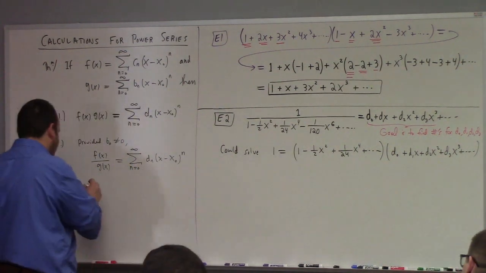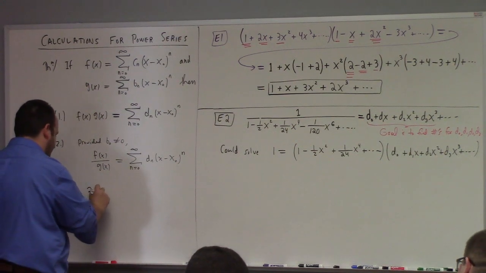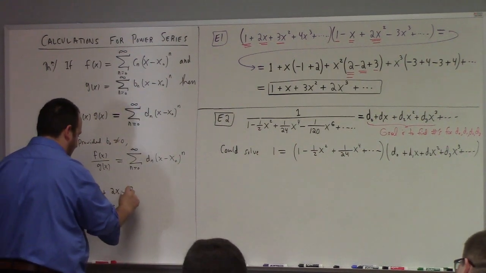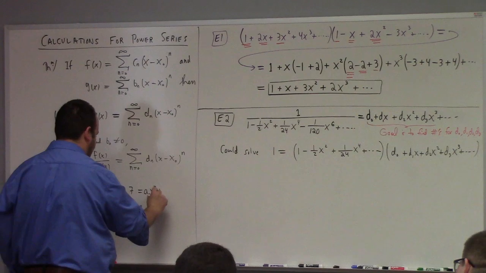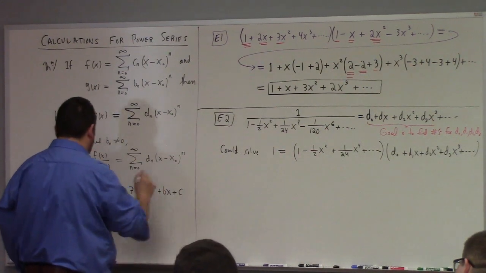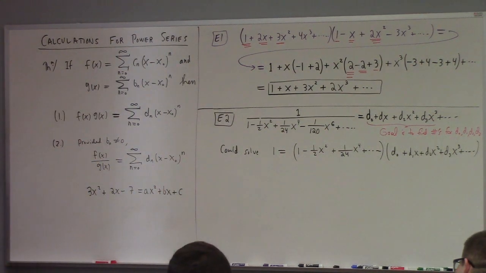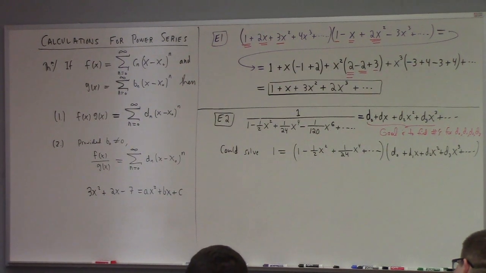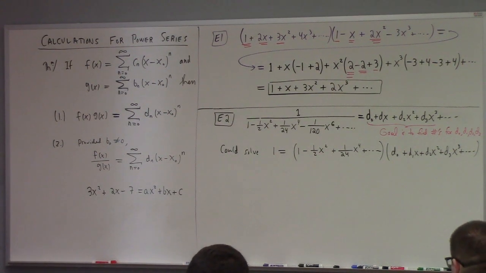You guys tell me, if I had 3x squared plus 2x minus 7, and I said that was equal to ax squared plus bx plus c, what's a, b, and c? 3, 2, and minus 7, right? You don't even think about it. You just know that that's true. Why? Somebody told you in middle school, right? Why is it true, though?